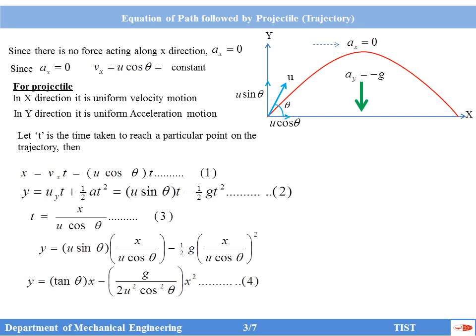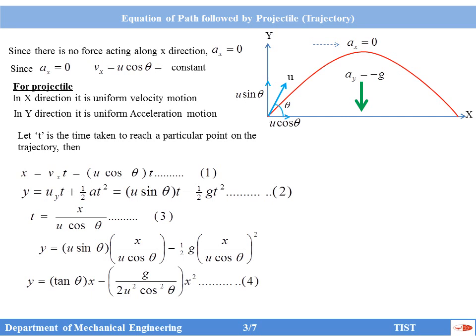Now if you closely look at equation 4, for a particular projectile, the initial velocity u is constant. A projectile is always represented or specified by its initial velocity and the angle of projection theta.